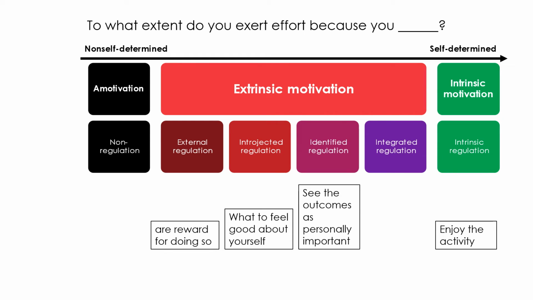For example, participants might be asked to what extent they exert effort because they are rewarded for doing so, that is external regulation, want to feel good about themselves, that is introjected regulation, see the outcomes as personally important, that is identified regulation, or enjoy the activity, that is intrinsic motivation. As I just mentioned, in the multidimensional work motivation scale, identified regulation instead of integrated regulation was treated as the most autonomous form of extrinsic motivation.